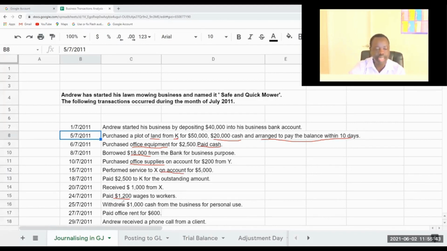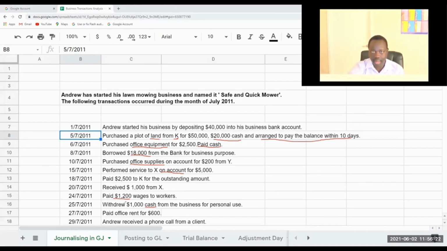Accounting equation is balanced. Andrew, the business owner here, withdrew 1,000 cash from the business for personal use. This account, as you see, one is cash. It is an asset, but the owner has withdrawn some money from the business for personal use. This one is kept separate from expense accounts. It is not part of the expenses.